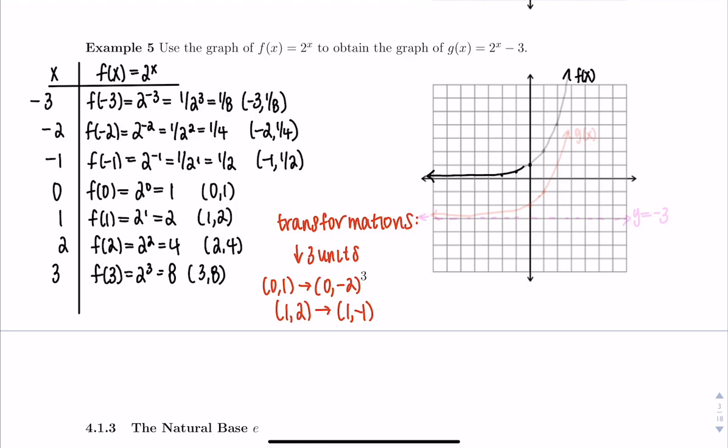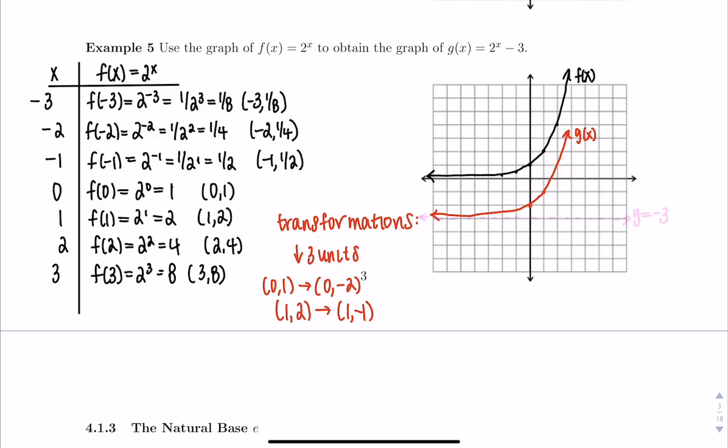So let's go ahead and plot this. So now that my graph has moved down 3 units, my horizontal asymptote has also moved down 3 units.